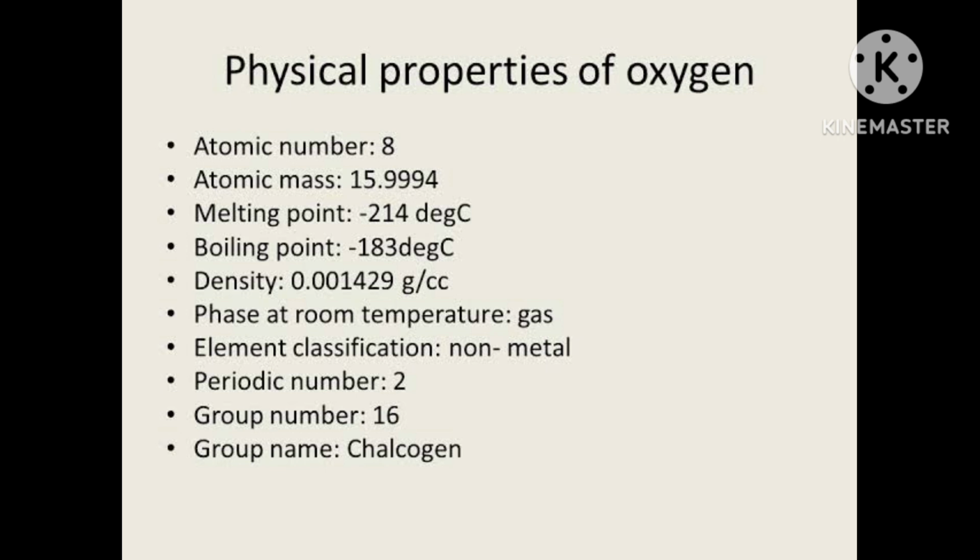Its balanced equation we can write 2KClO3. It will give two product on heating in presence of MnO2. First product is 2KCl, other is 3O2. This is the balanced equation.